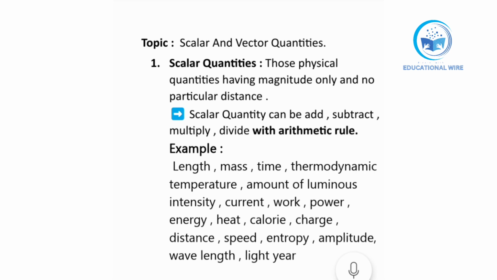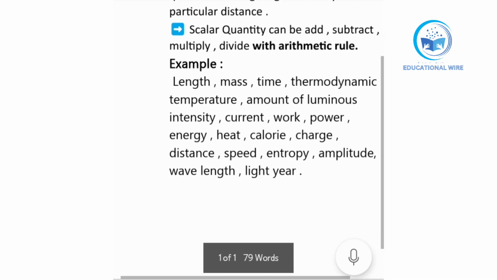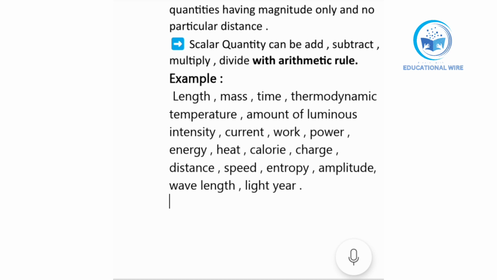There are many more examples too, but these are some examples of scalar quantities. Now let's move further to the vector quantities.